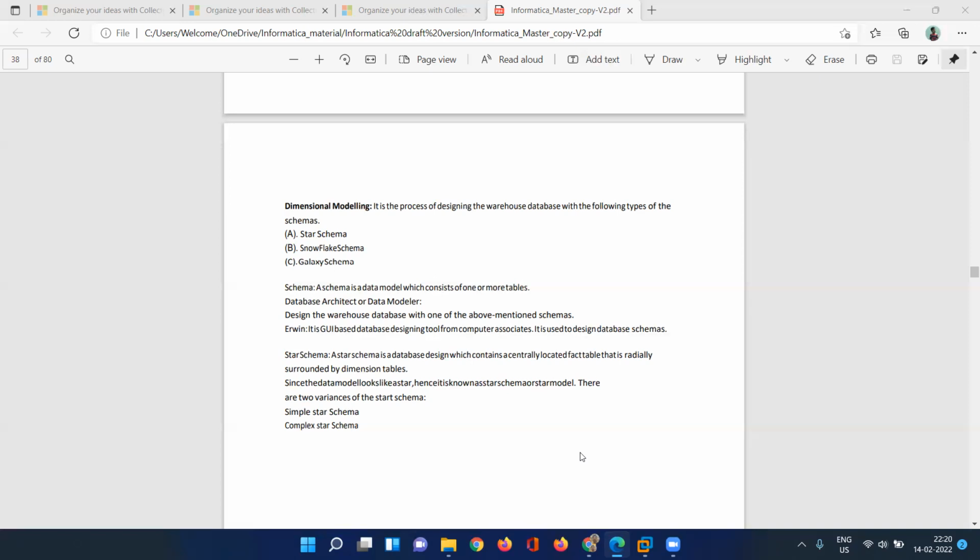Once the schema model is designed at a high level, we are going to load the data into the dimension tables. Multiple dimensions are involved here. From the dimension tables, we are going to load the data into our fact table.